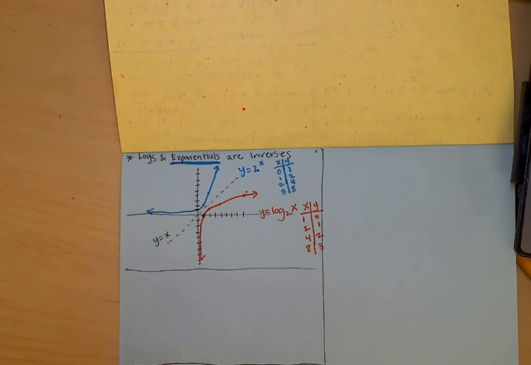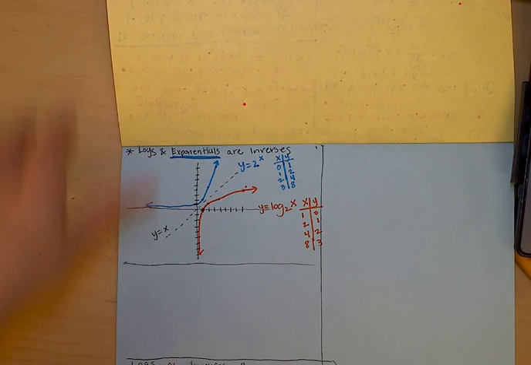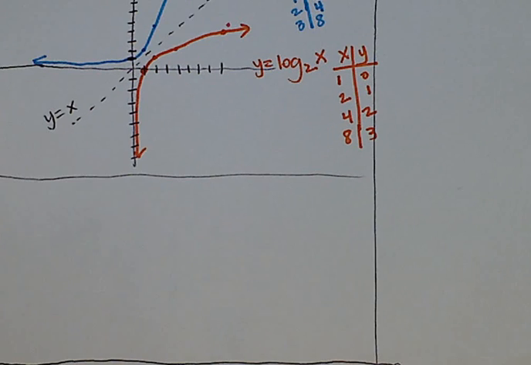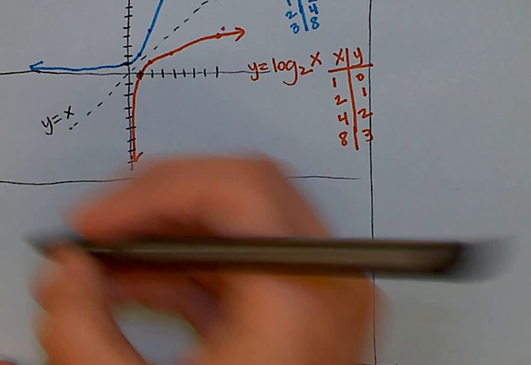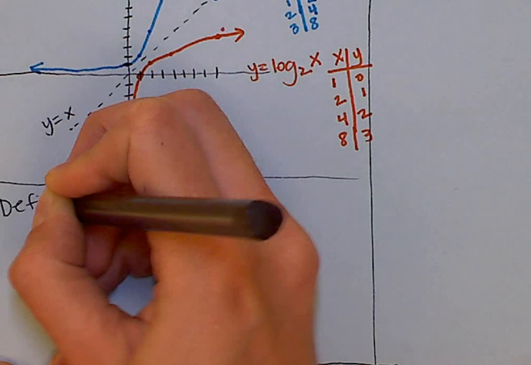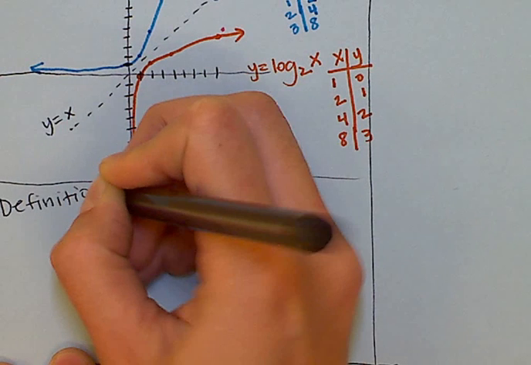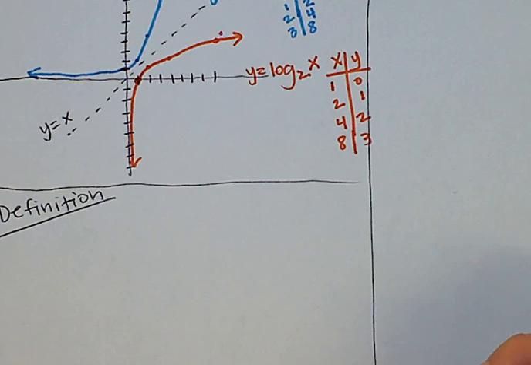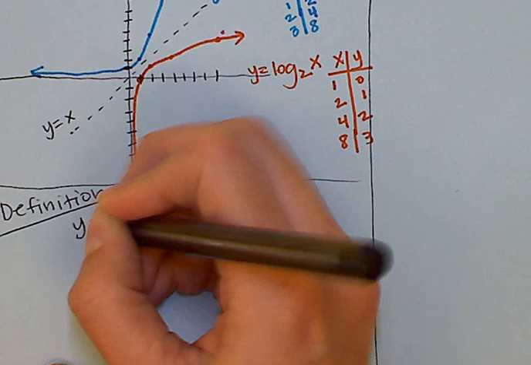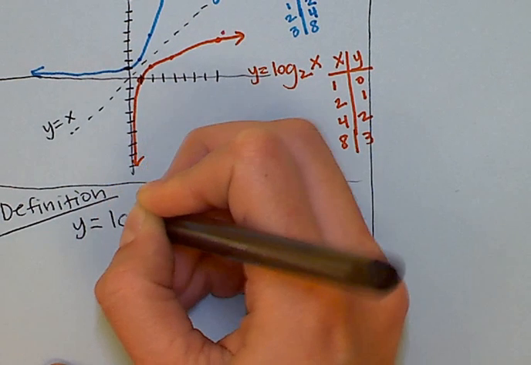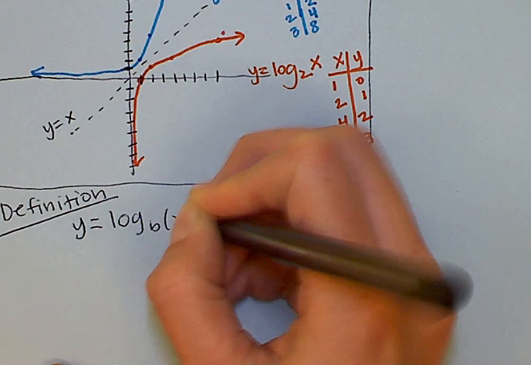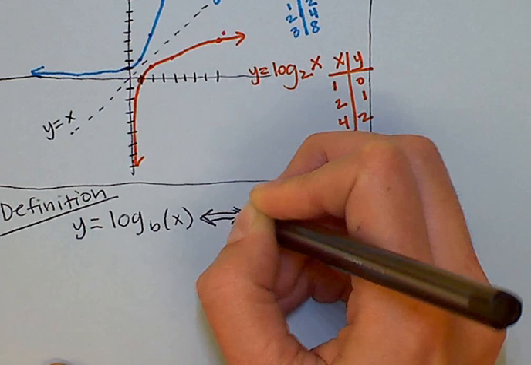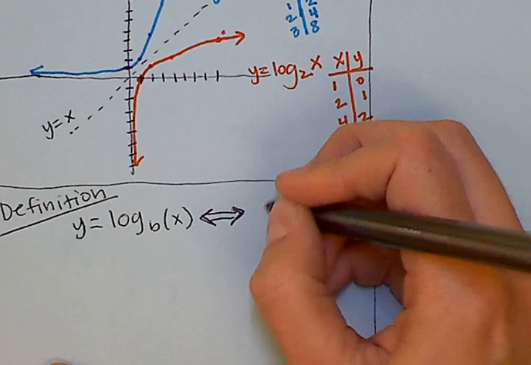Okay. And then down here, I'm going to write the definition. And we all know this. The definition is y equals log base b of x. We know this because we know that the exponential is this.